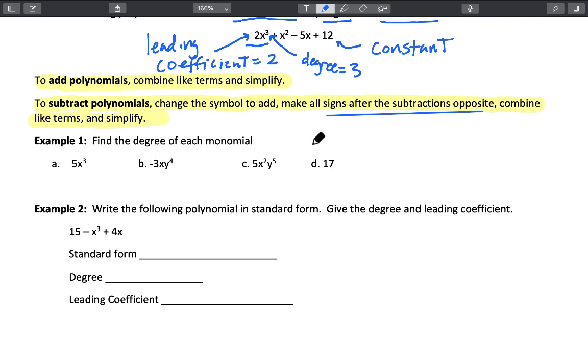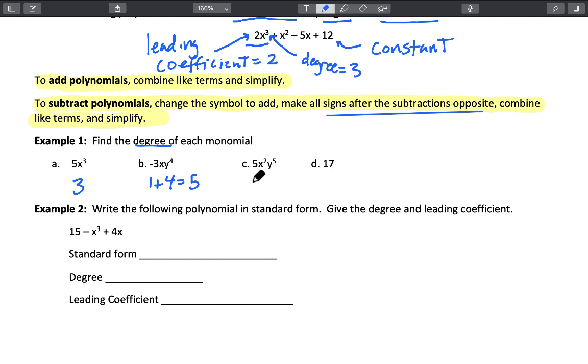All right, first of all, we're going to find the degree of each one of these monomials. Now, finding the degree of a monomial means we need to add up all of the degrees of any variable in that single term. So the degree of this first monomial here is 3 because that's the only variable we have. In the second one, we have an x to the first power and a y to the fourth power, so the degree of that monomial is 5.